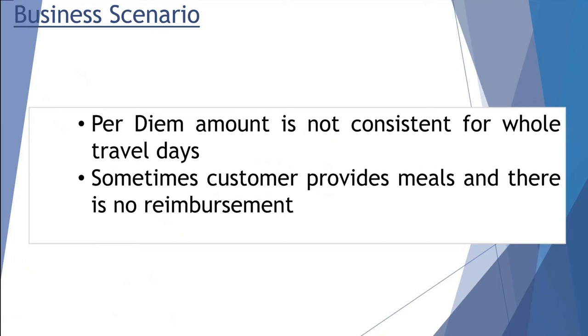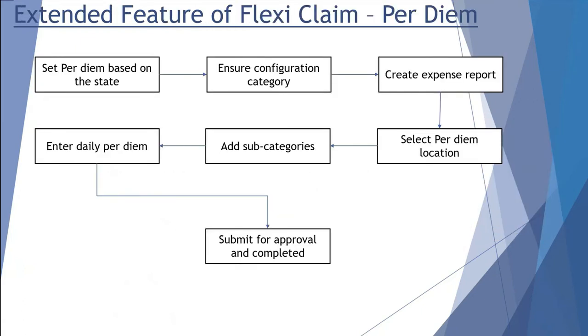Ladies and gentlemen, I'd like to take this opportunity to deep dive into the system and show you what we have developed. Let me show you the workflow. You start by setting PerDiem based on the state. Ensure that you configure the categories. You create the expense report.